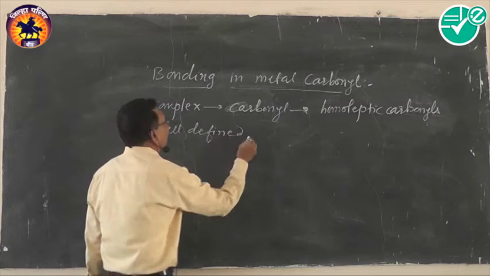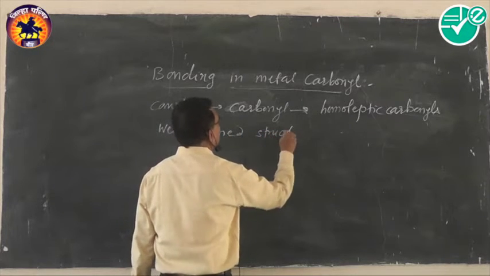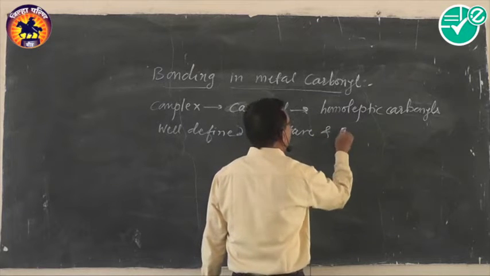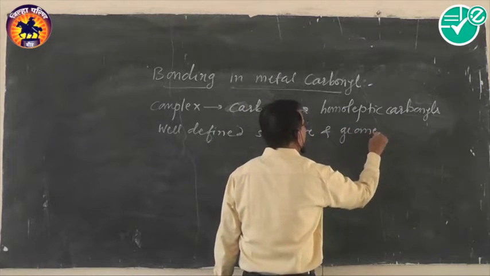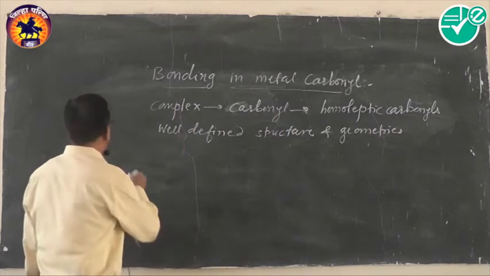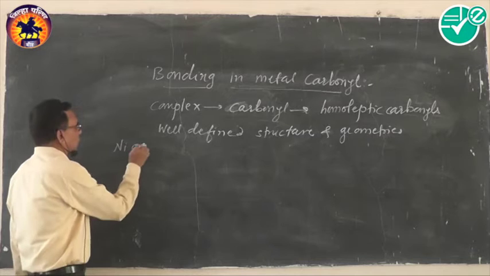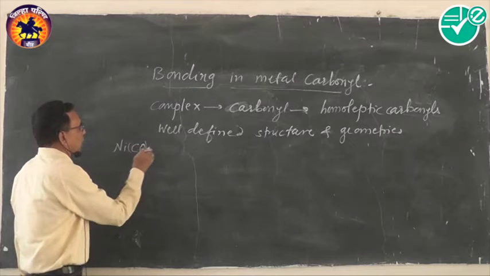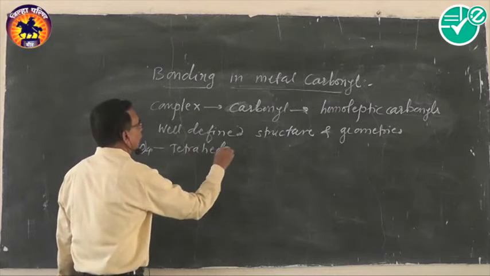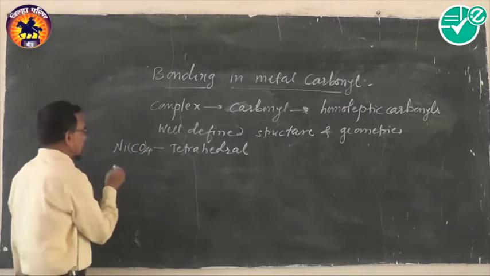They have well-defined structures and coordination polyhedra or geometries. For example, Ni(CO)4 is tetrahedral.